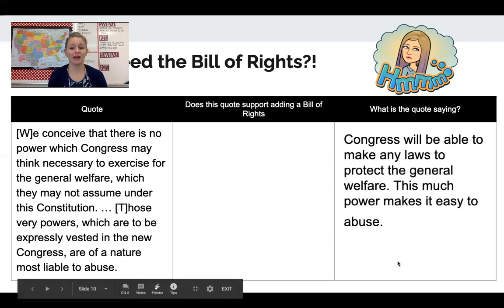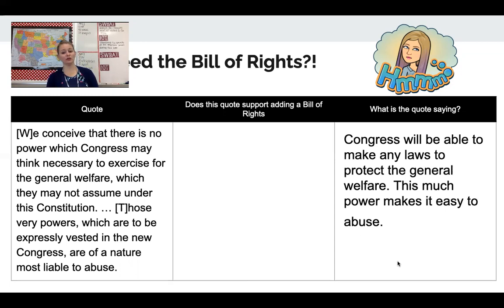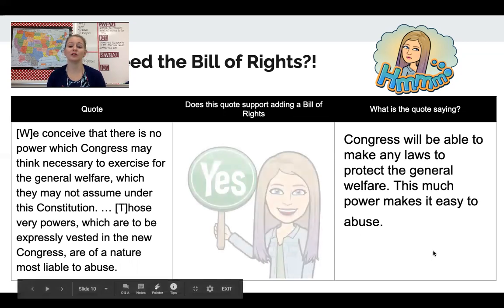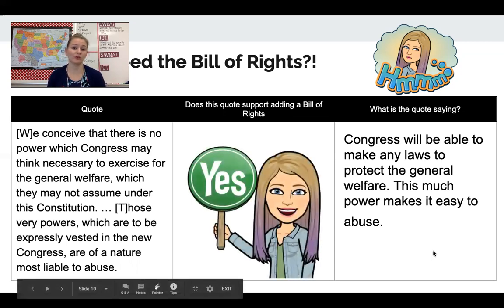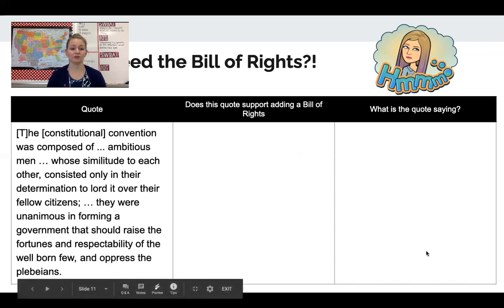Congress will be able to make any laws to protect the general welfare. This much power makes it easy for them to be able to abuse that power. Again, if we're concerned that there's going to be an abuse of power, that is all the more reason to have a Bill of Rights. So yes, this is an argument for supporting the addition of the Bill of Rights. Let's look at the next one.